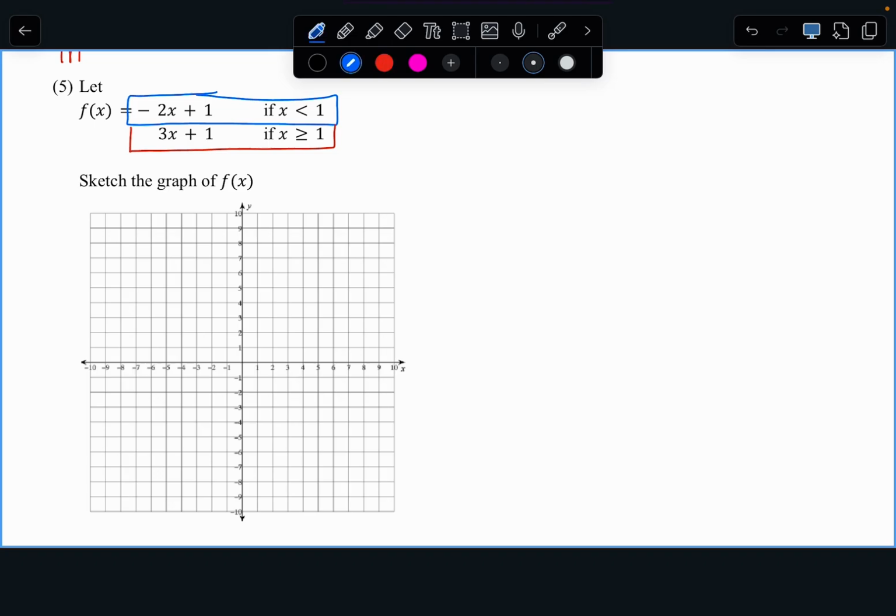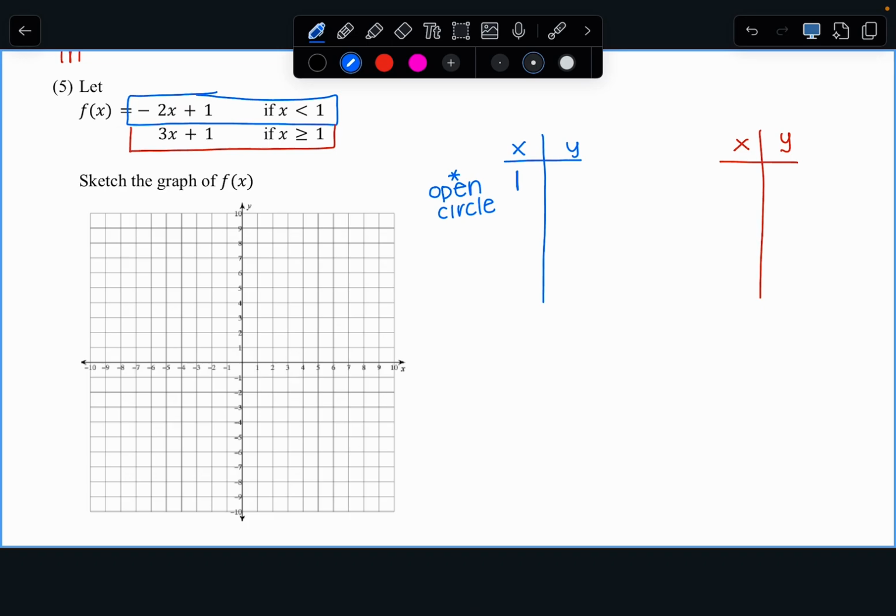Okay, so I'm going to show you using a table of values. I'm going to do it in 2 different colors. So for x is less than 1, I'm actually going to plug in 1, but this is going to be an open circle because it cannot equal 1, but it could be everything up to that point.